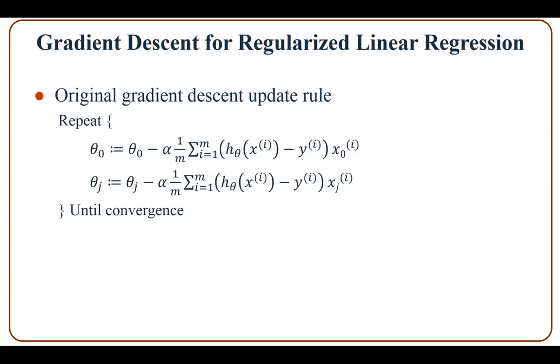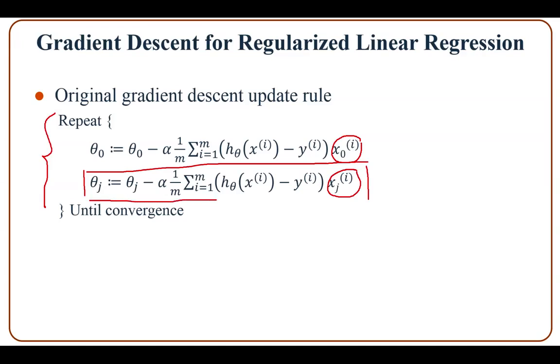We start from the original gradient descent update rule. Theta naught x_0 is equal to 1 actually, right? And for j not equal to 0, you have h(x^(i)) at the end. And actually in general you just need this. This form covers everything.